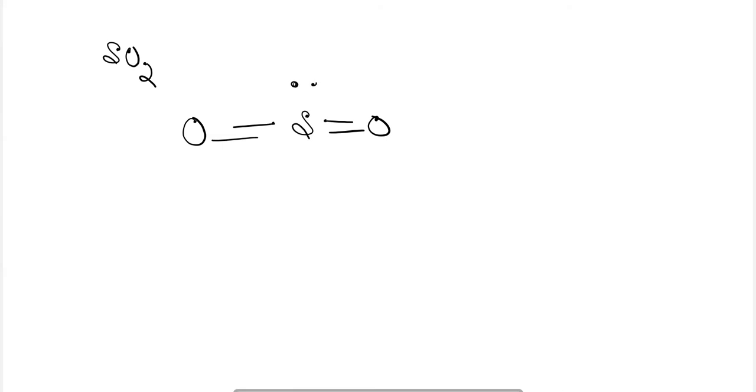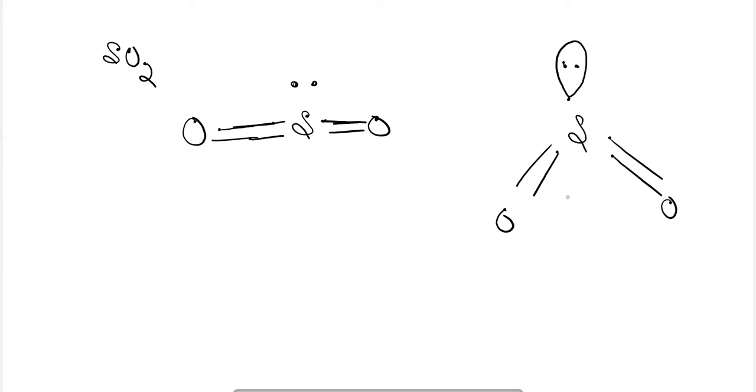But due to the presence of a lone pair on the sulfur, the structure of sulfur dioxide will change and it will not be linear. It will become something like this, and this lone pair will repel the bond pairs of oxygen, and hence the structure of this compound will be V shape or bent shape.